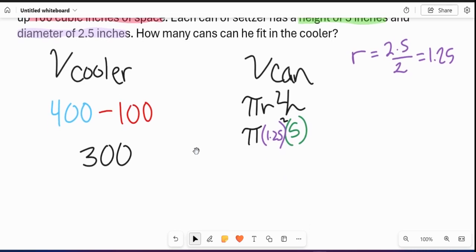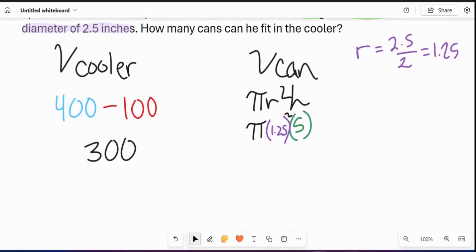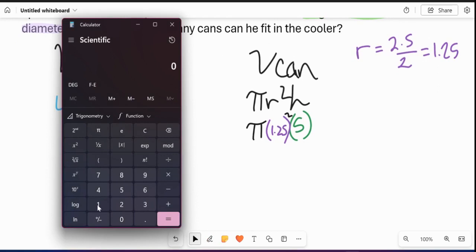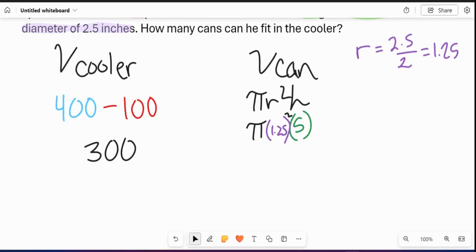All right, so now we're going to put this in my calculator. 1.25 squared times 5 times pi is 24.544. Round to the nearest thousandth.